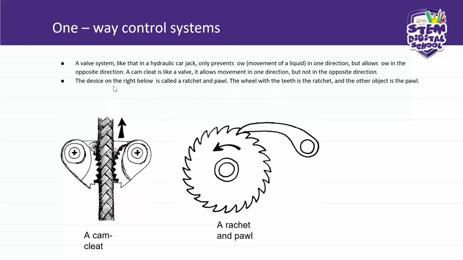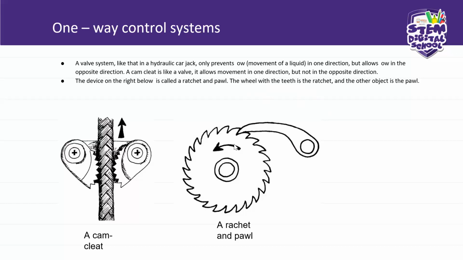Okay, the device on the right below is called a ratchet and pawl. The wheel with the teeth is the ratchet and the other object is the pawl.